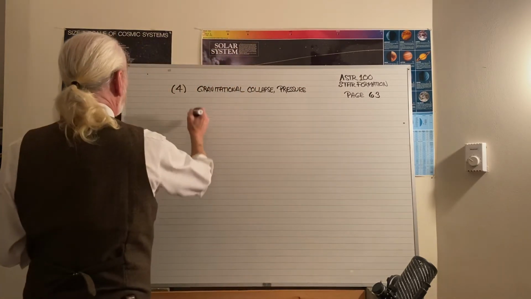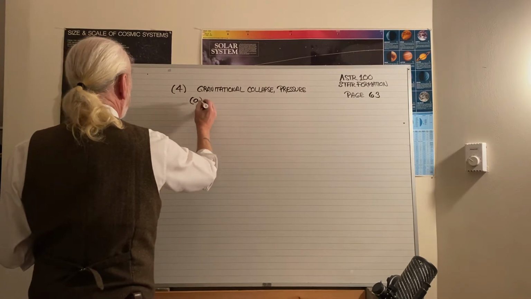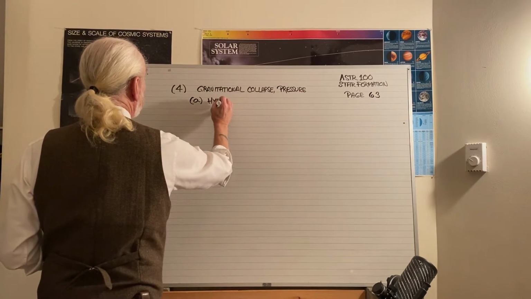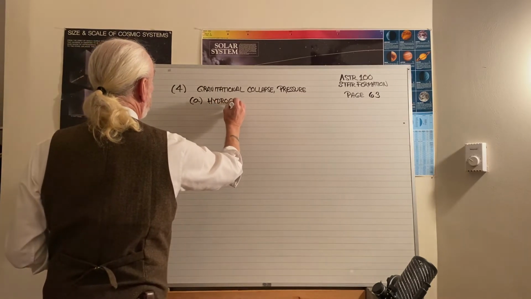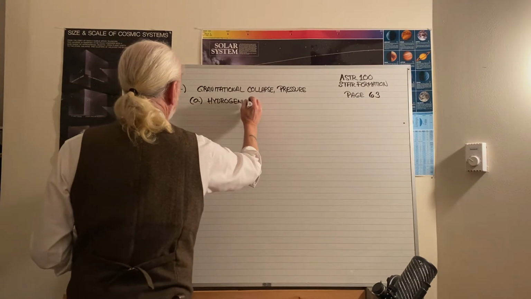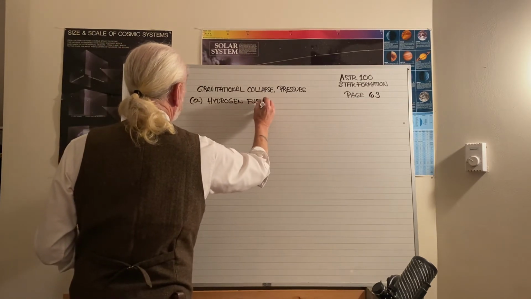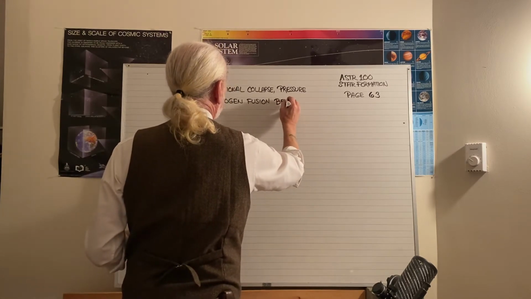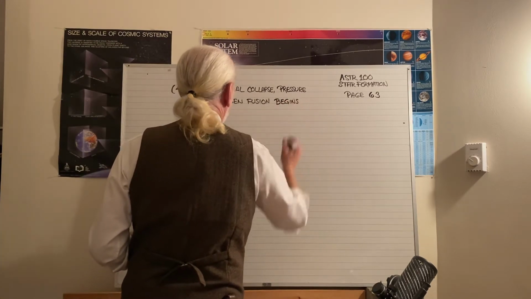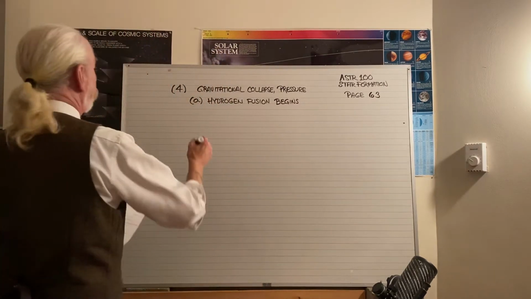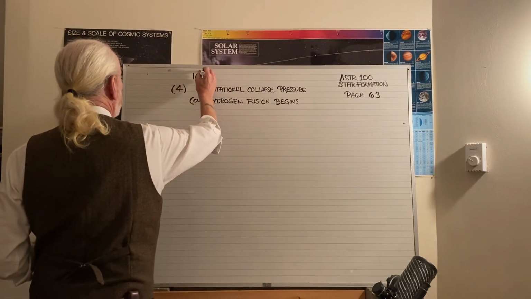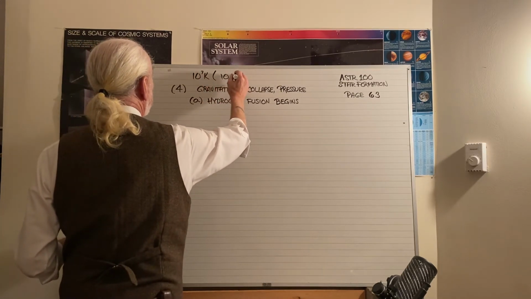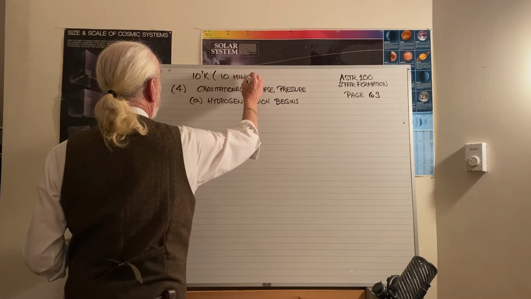What happens at this point? Hydrogen fusion begins. All right. So that's 10 to the 7th kelvins, or 10 million kelvins.